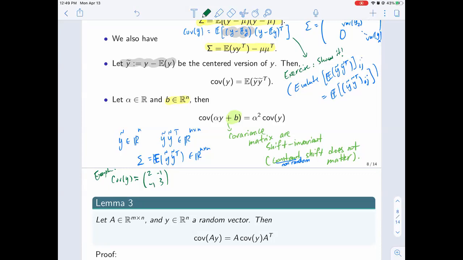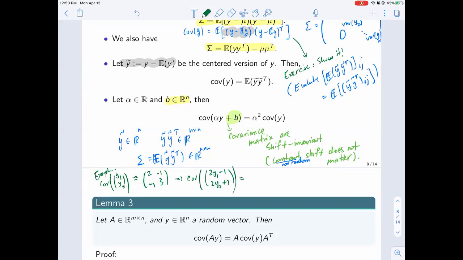So I would ask, what is the covariance of 2y1 - 1 and 2y2 + 3? It would be a little bit tricky, we'll see that later.